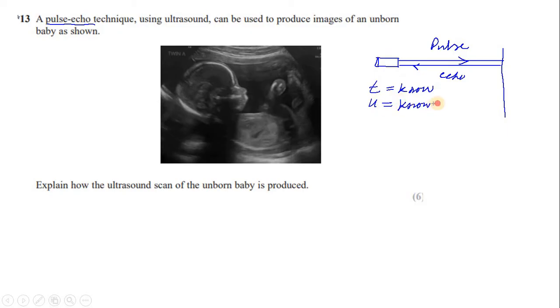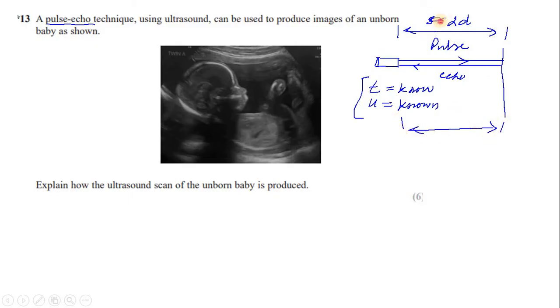So a pulse is sent and an echo is also received, and the time difference between the sent one and the received pulse is recorded by this transducer, so time is known. And of course the speed of this sound wave is also known. The total distance covered by the pulse, sent and received, is not d, it is 2d if the distance is d.